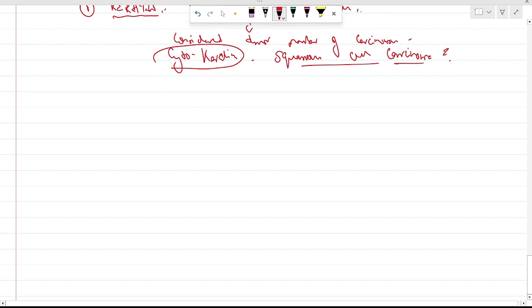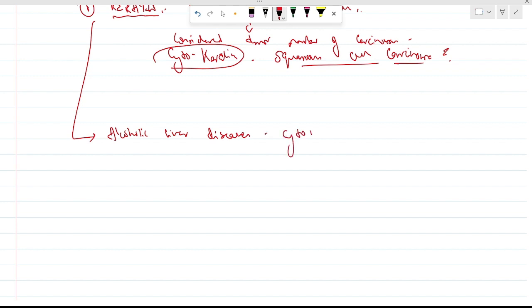This keratin is also often expressed in alcoholic liver disease, where there is cytokeratin accumulation. Cytokeratin, we've seen, is a tumor marker of squamous cell carcinoma.